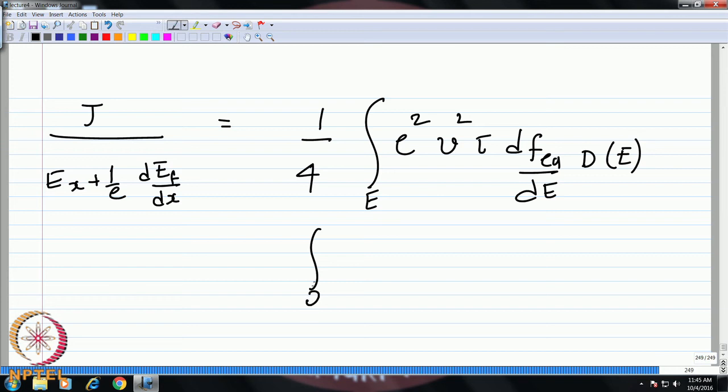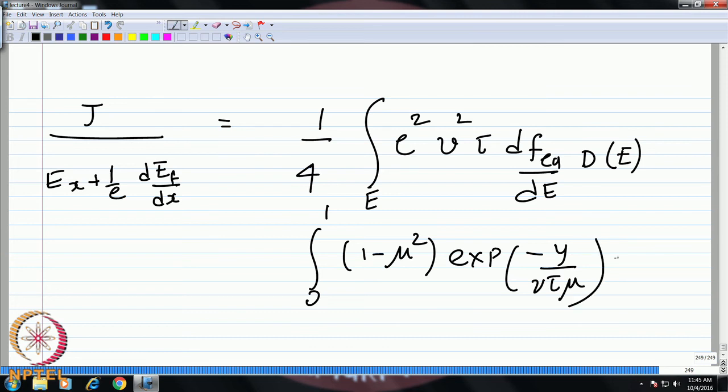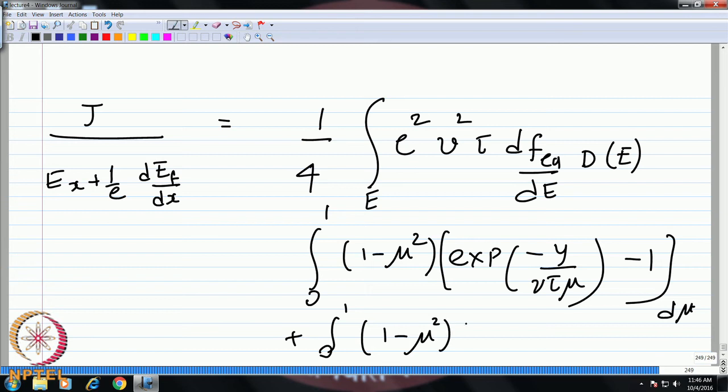So, we have 0 to 1, 1 minus mu square into exponential minus y by v tau mu minus 1 d mu, plus 0 to 1, 1 minus mu square exponential minus y by v tau mu minus 1 d mu.